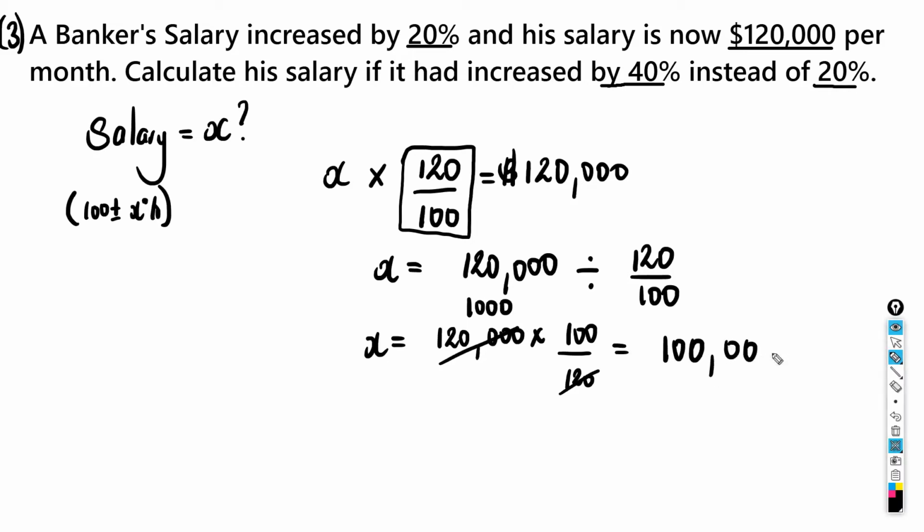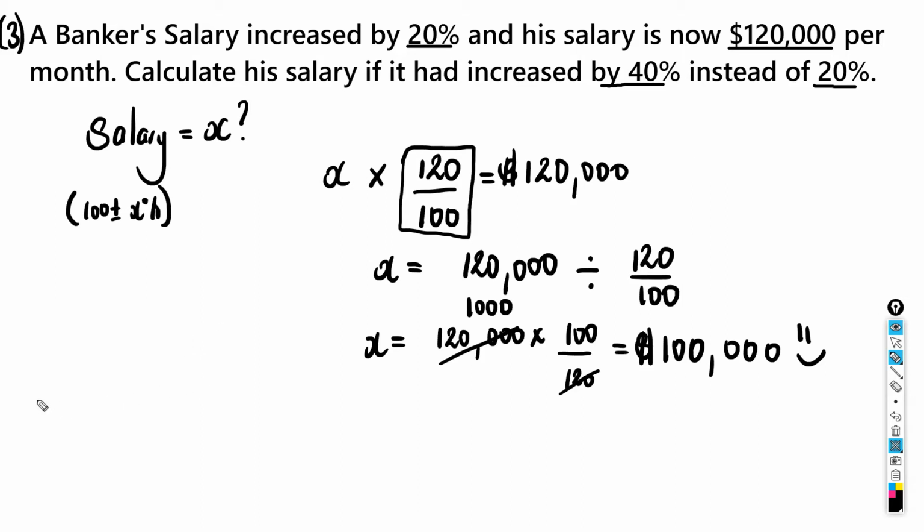All right, guys. Cool. Awesome. All right. So the salary is equal to 100,000. So it says, what if his salary had increased by 40% instead of 20%? Calculate his salary if it increased by 40% instead.